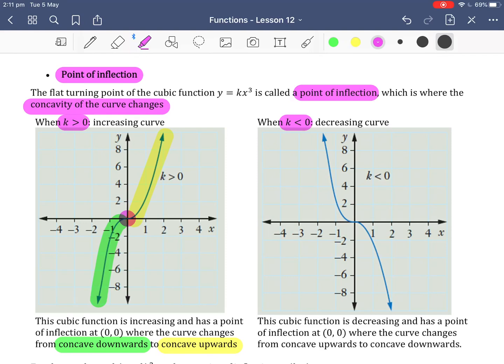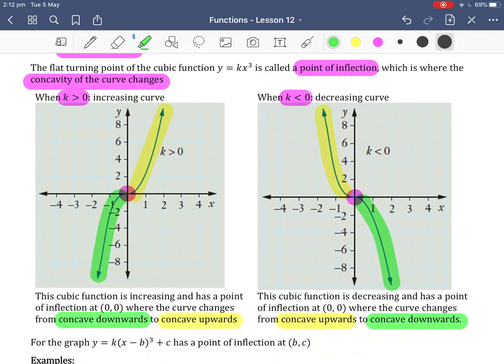So this cubic function is decreasing, and it has a point of inflection again at 0, 0, where the curve changes from concave upwards. So when our x values are less than 0, it is concave up. And when our x values are greater than 0, we have that our curve is concave down.